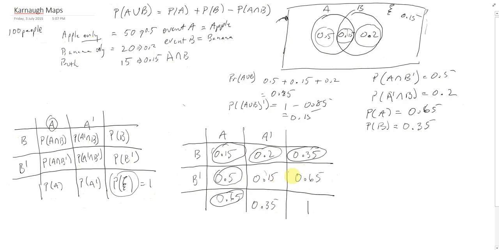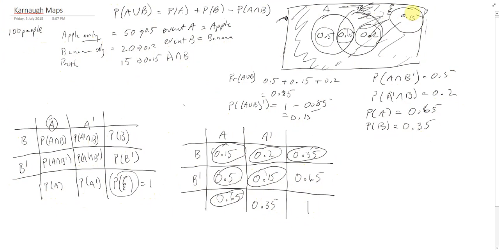And what else have we calculated? I don't think we've calculated anything else, but to find the other ones, let's use our Venn diagram. So probability of not an apple and not a banana. Oh, we've got that one here too. Here it is, 0.15 for not an apple or banana. Now let's find the probability of not having an apple. That'll be everything except for stuff in A, so it's all this stuff.